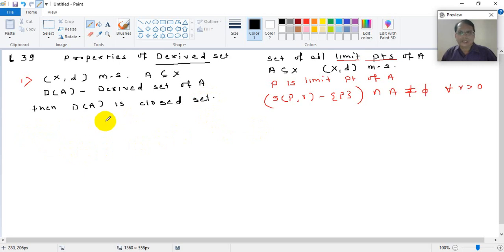I am not going to prove this, but the hint is this: whenever I want to prove that a certain set is closed, there are many ways.